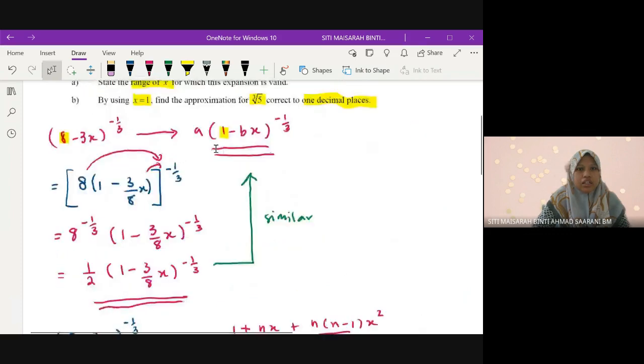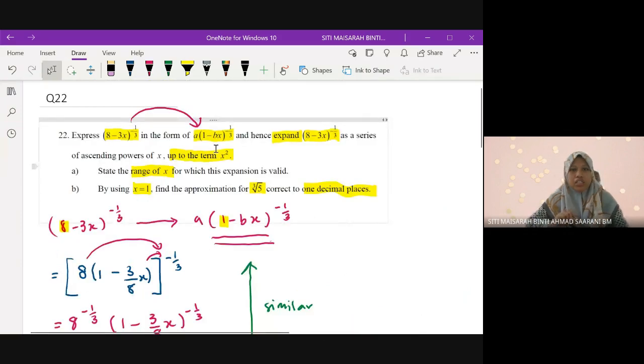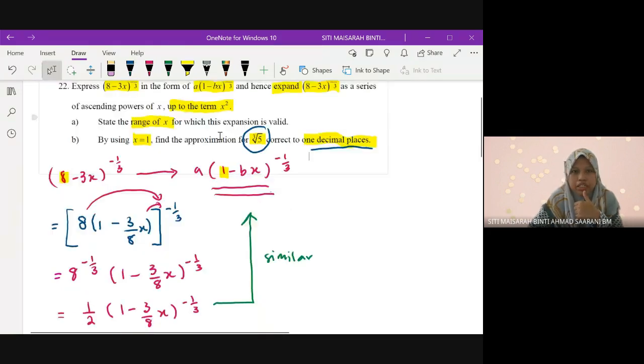Okay, sekarang kita nak jawab soalan B ya. By using x is equal to 1, find the approximation of cube root of 5, to 1 decimal place. So dia dah bagi x equals to 1.